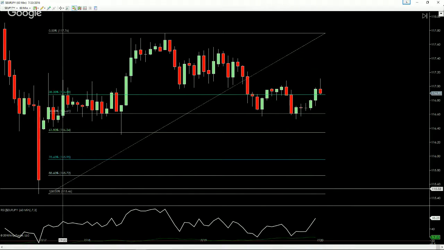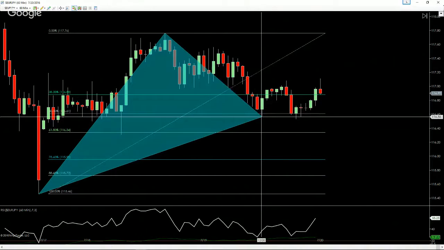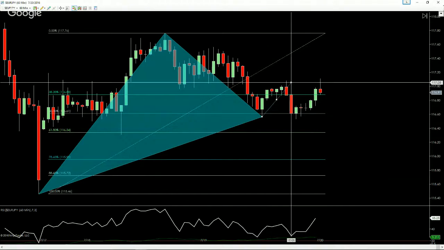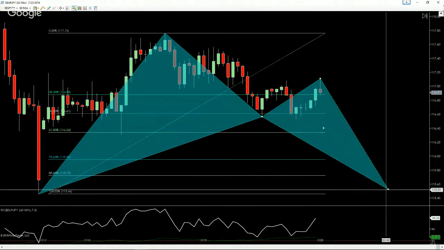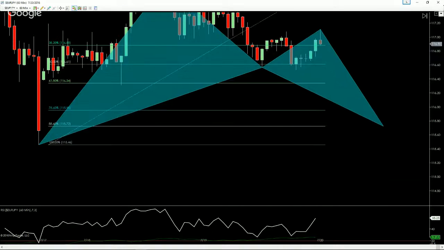So we should have a bat pattern right here, although this is going to be our new B because it is penetrating this high right here. And if that heads back down, our completion would be the 886.